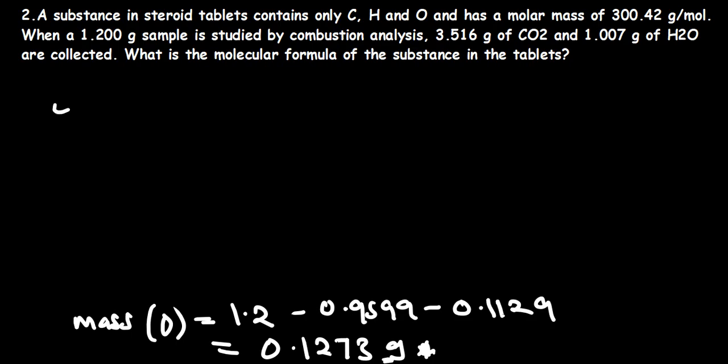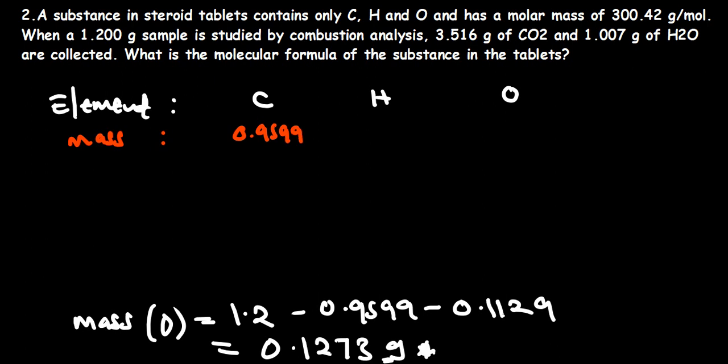We write the elements in order: carbon, hydrogen, and then oxygen. Just under them we put their masses. The mass of carbon is 0.9599, the mass of hydrogen is 0.1129, and the mass of oxygen is 0.1273.